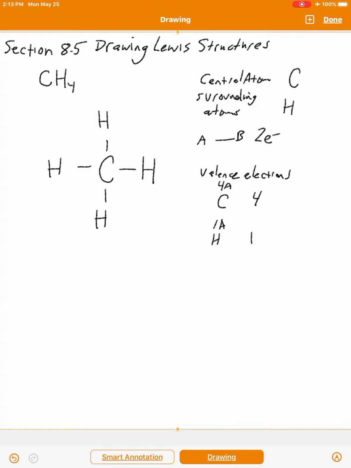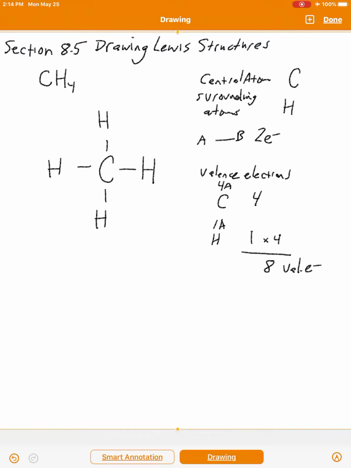But there are 4 hydrogens, so we multiply that by 4. So it's the number of valence electrons times the number of atoms of that element, and then we add them together. 4 plus 1 times 4 is 8. So that tells us there are 8 valence electrons.